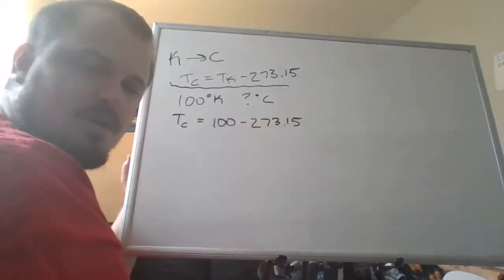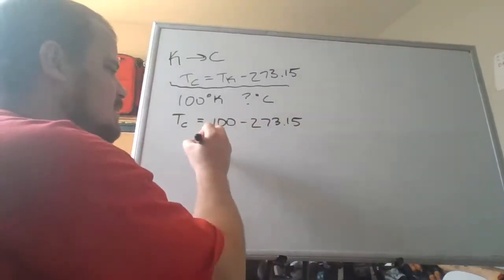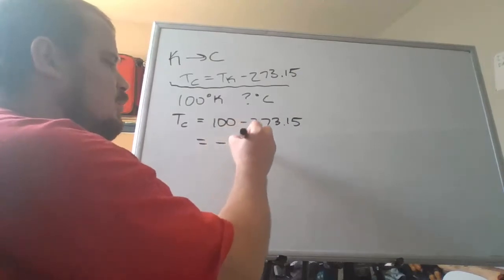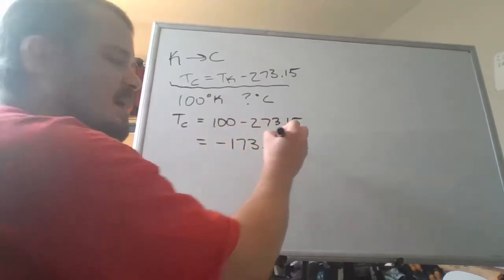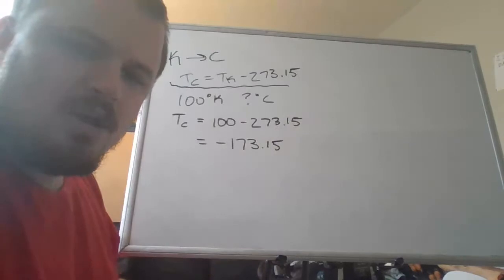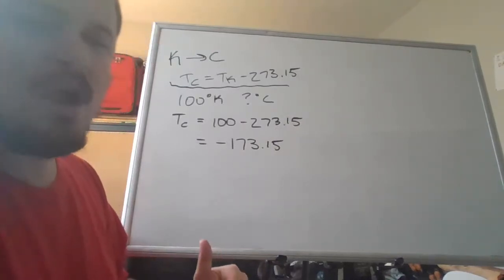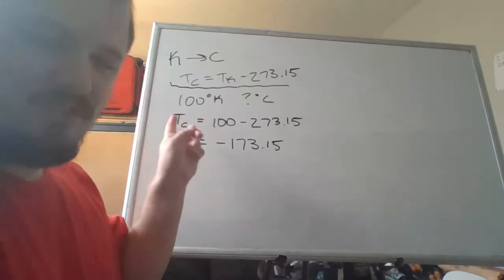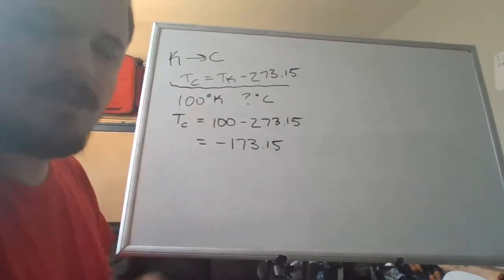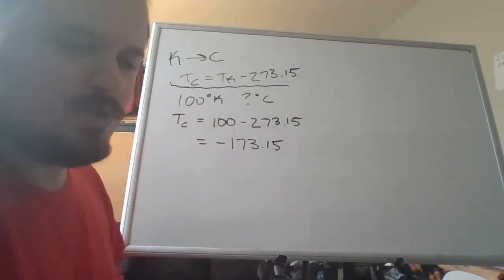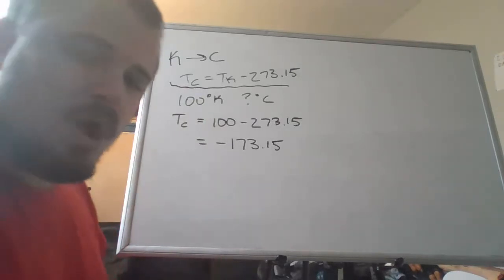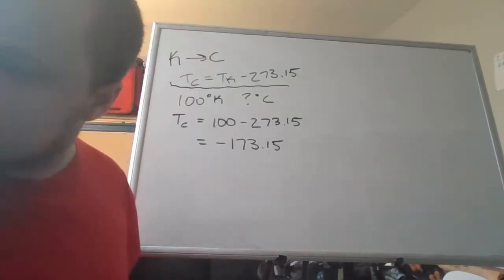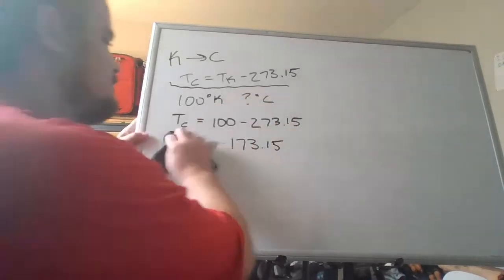If I started with 100, my final answer would be negative 173.15. All right, so I want you to go ahead now and try numbers 1 and 2. They are just like this. You need to find Celsius when they start off by telling you Kelvin. Press pause, do 1 and 2, and when you're done, press play, and I will go over 1 and 2.